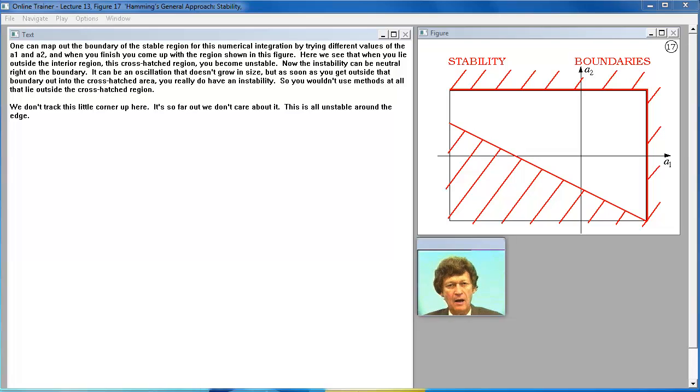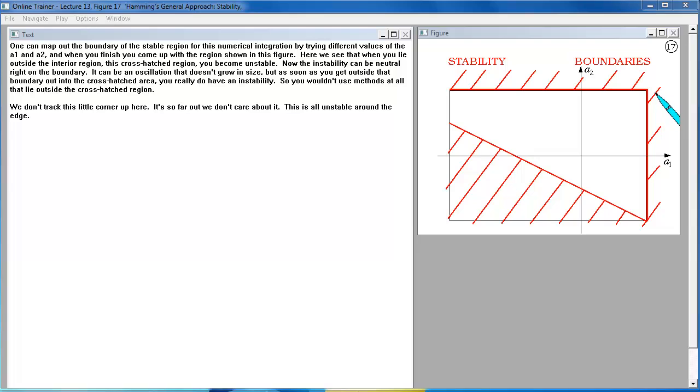One can map out the boundary of a stable region for this numerical integration by trying different values of the A1 and A2. And when you finish, you come up with a region shown in this figure. Here we see that when you lie outside the interior region, in this crosshatched region, you become unstable.